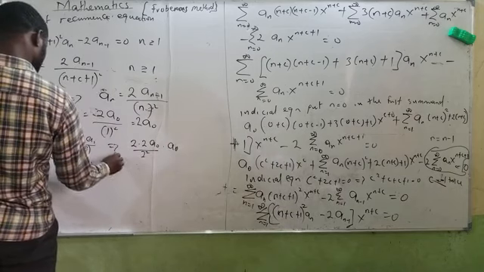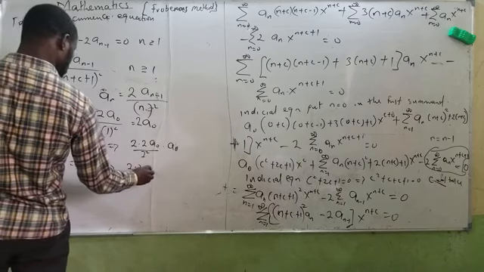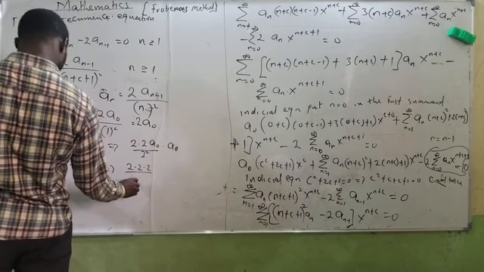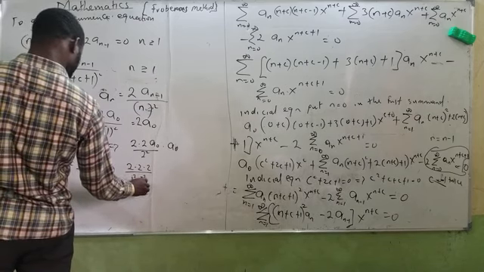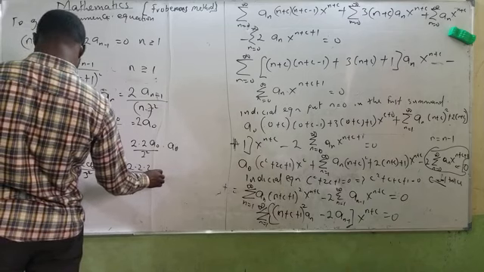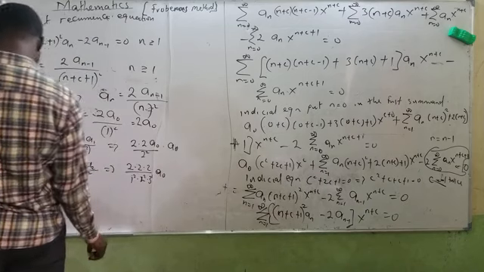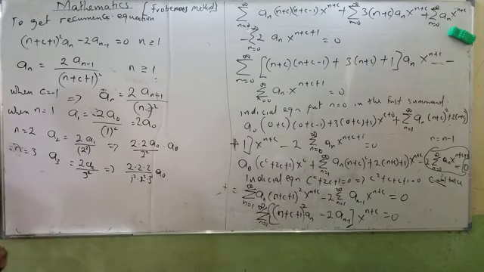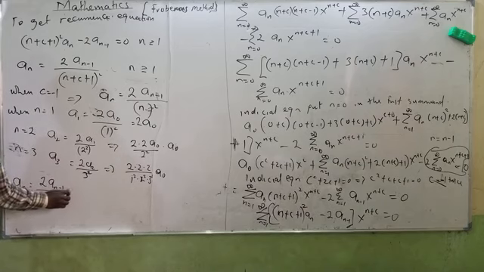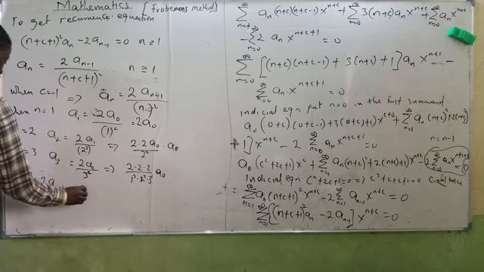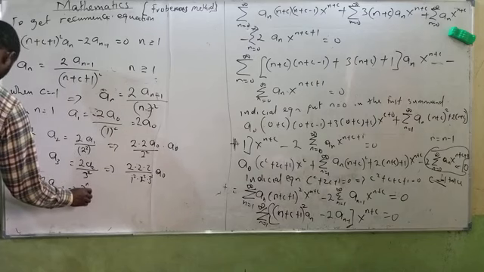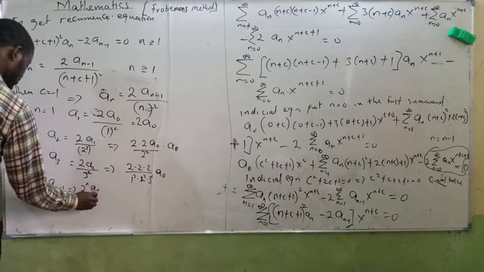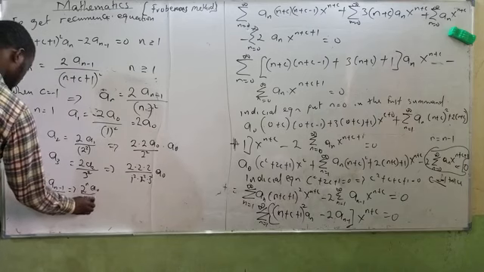And by implication, this one will be equal to 2.2.2 divided by 1 squared, 2 squared, 3 squared, times a naught. That is what we are working towards. Now, my a of n will be equal to 2a of n minus 1 divided by n squared, which also implies 2 to the n, a naught divided by n factorial squared.